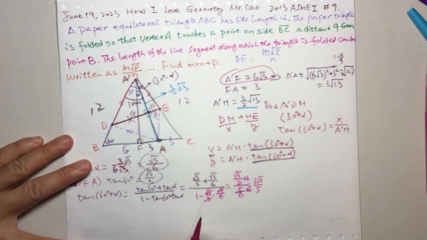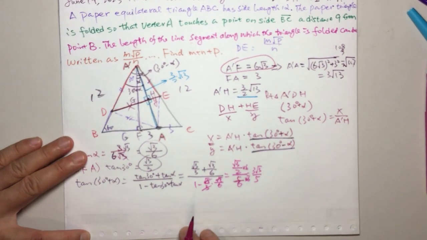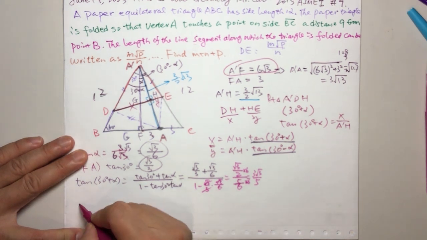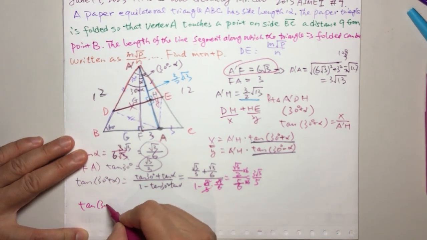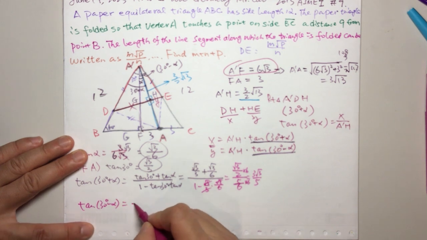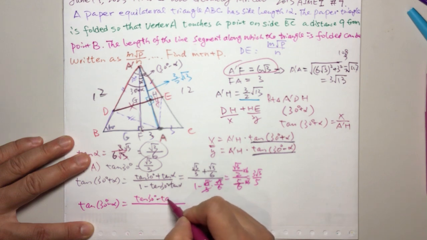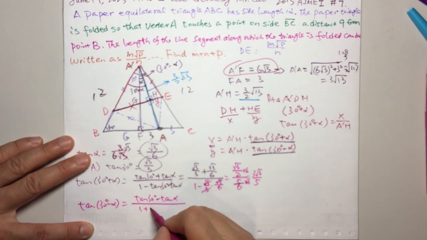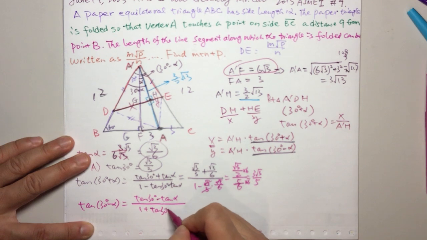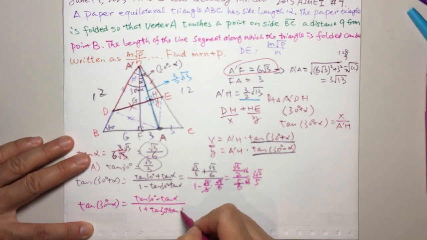Also, in the same way we will calculate the value of tangent 30 degrees minus alpha. The formula is tangent 30 degrees minus tan alpha over 1 plus tan 30 degrees times tan alpha.